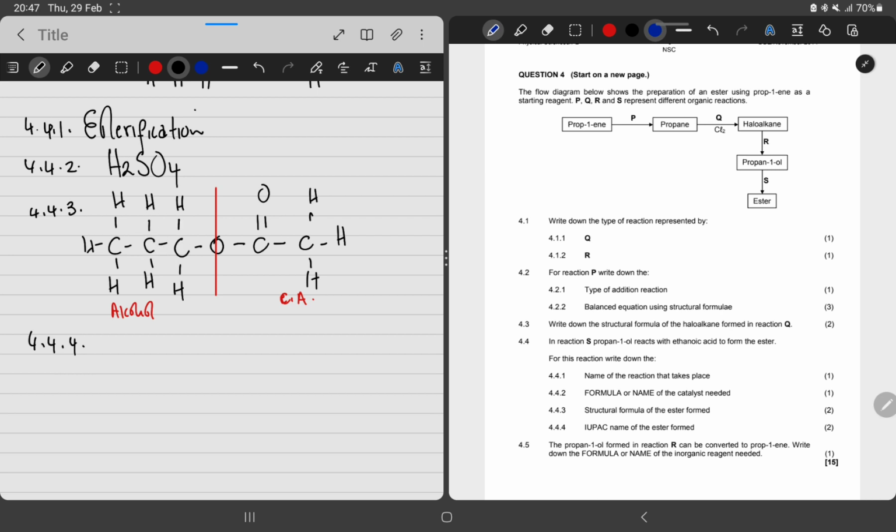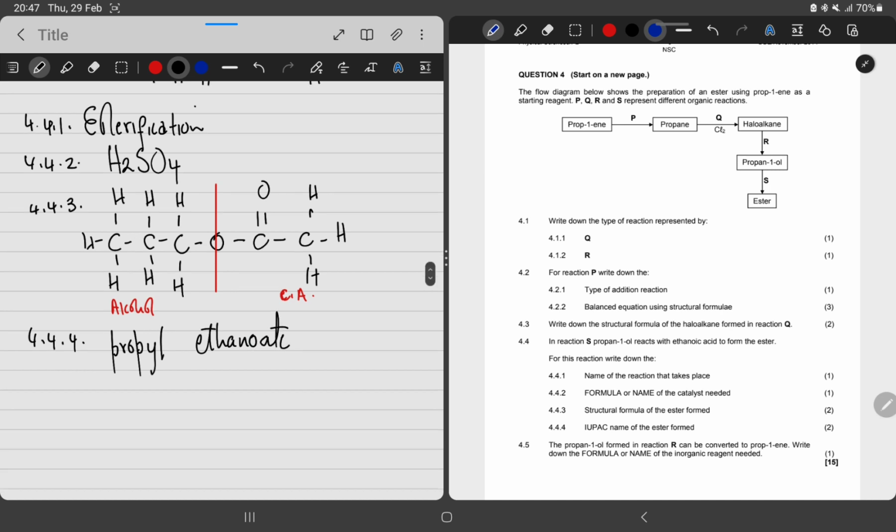So that is going to be prop. So prop means 3, that is the prefix. So you say prop, and then you just add the YL. That's the part of the alcohol. So it is propyl. And then we have 2 carbon atoms for the carboxylic acid. So it is going to be eth. So it is propyl ethanoate. Okay.